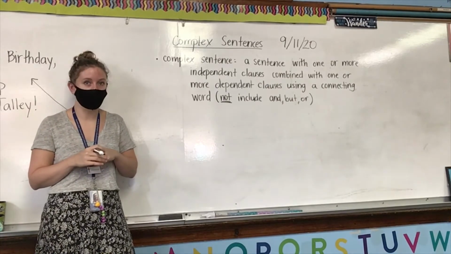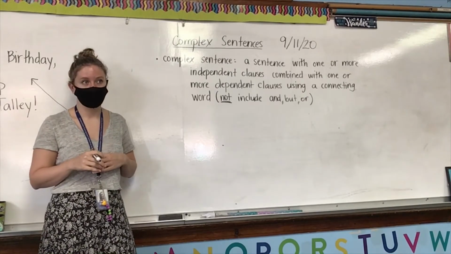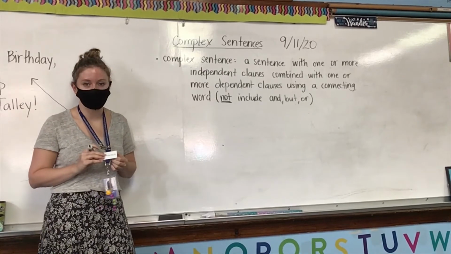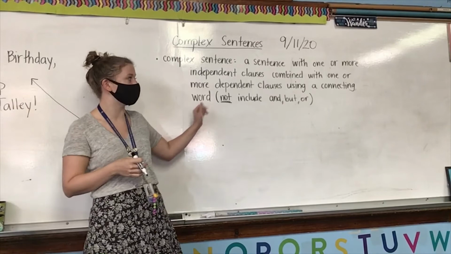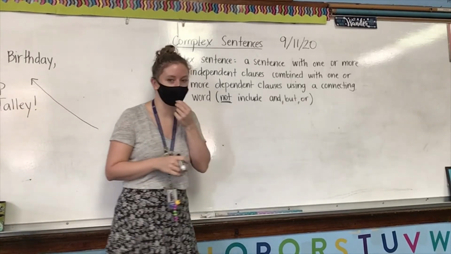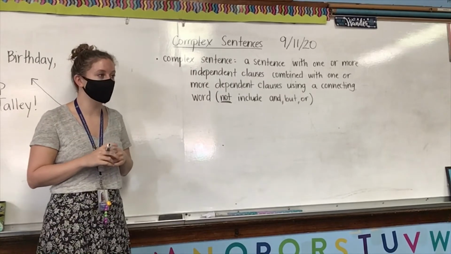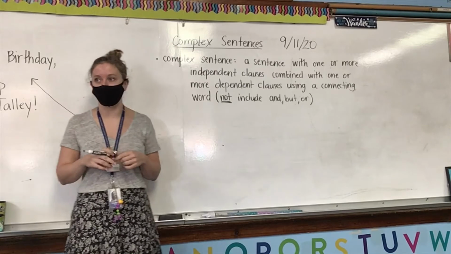Which we think, oh, that means it's a complete sentence. Not if it's a dependent clause. A dependent clause has a subject and a predicate, but can't stand alone as a sentence because it starts with one of those connecting words that we talked about on Wednesday. Not and, but, or. That's the only reason. You can say, I have a sandwich.